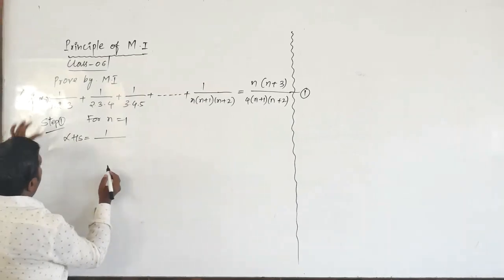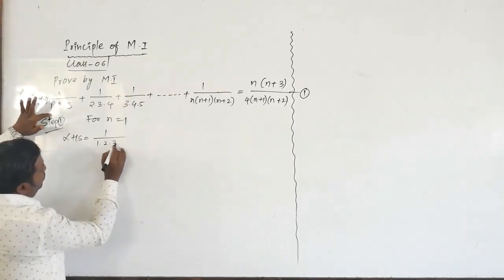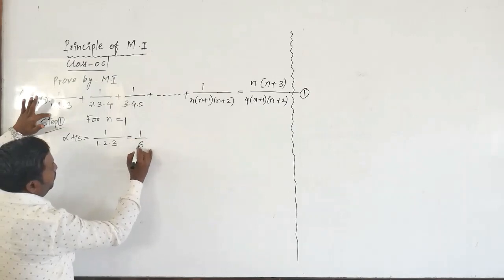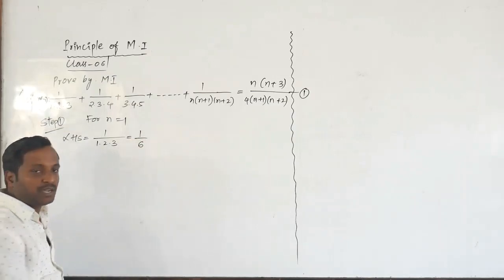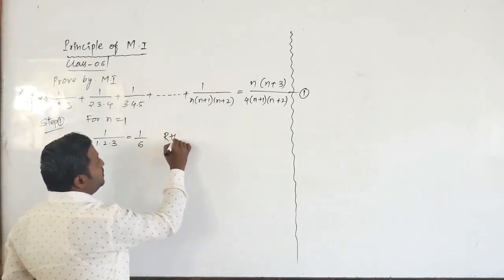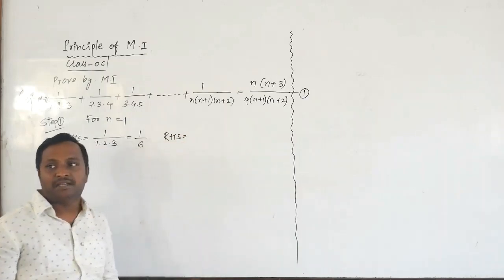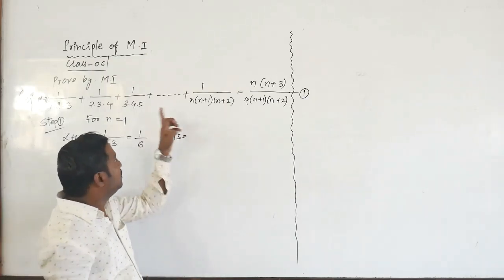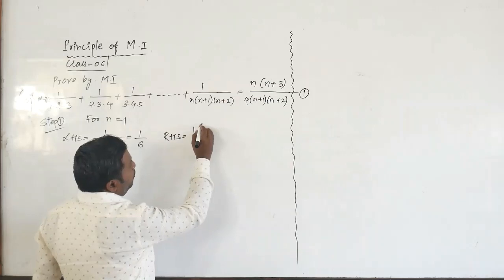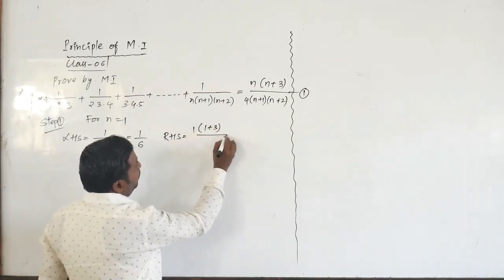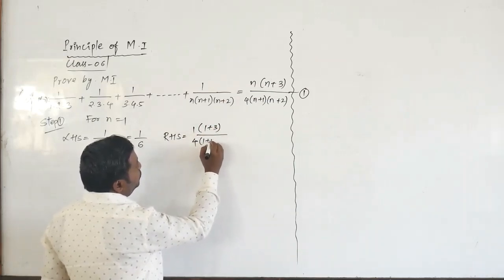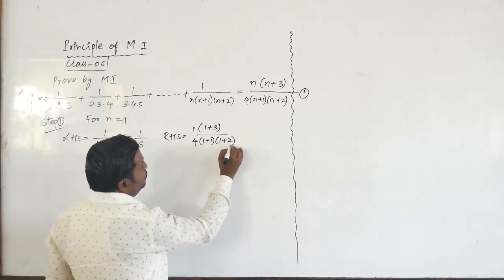LHS is 1 by 1 into 2 into 3, so that is 1 by 6. Now RHS: keep the term and substitute n equal to 1 here. 1 into 1 plus 3 by 4 into 1 plus 1 into bracket 1 plus 2.